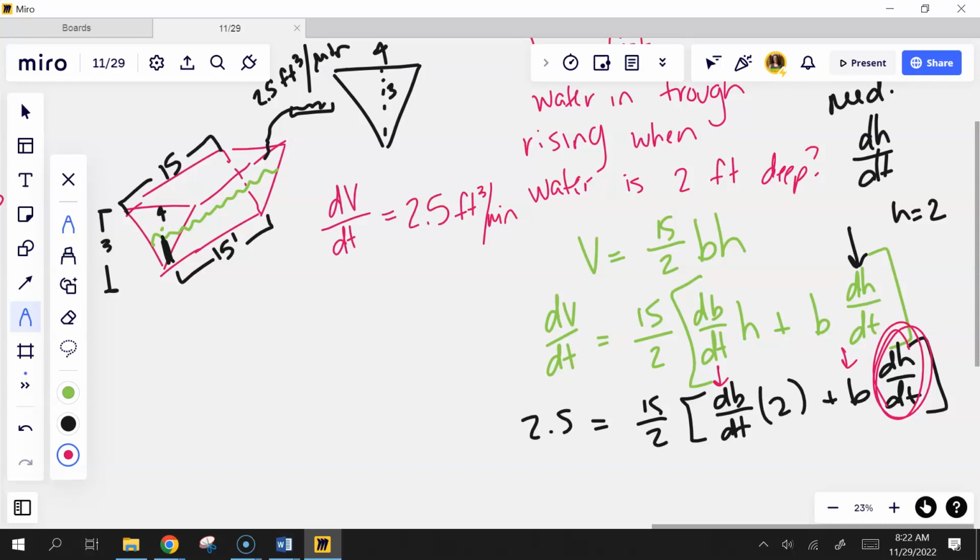What if I make a ratio? Would that make sense to you? Do you agree that as this water rises, the ratio of the base to the height is going to remain the same? Does that make sense?